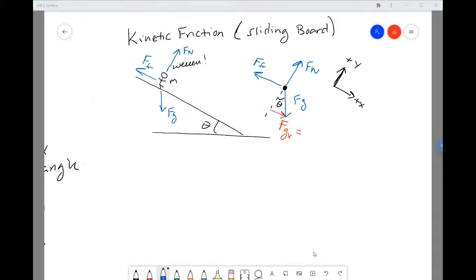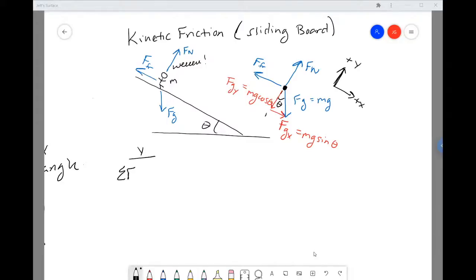Why don't we just skip a step? Weight is mass times g. So that's mg sine theta. And the force of gravity in the y direction equals mg cosine theta. All right, and so now let's write out Newton's second law for the y dimension.